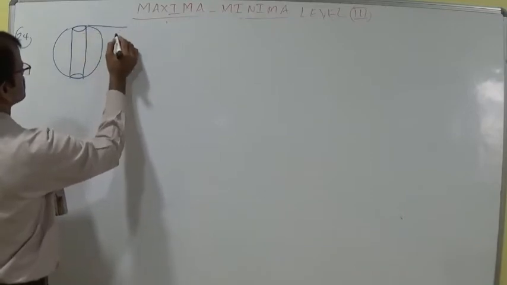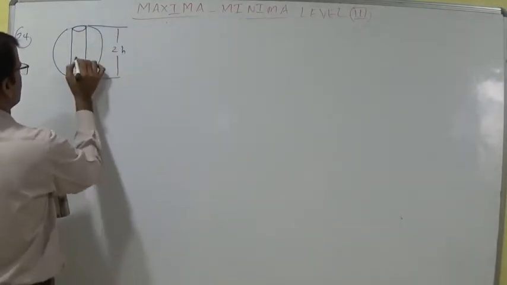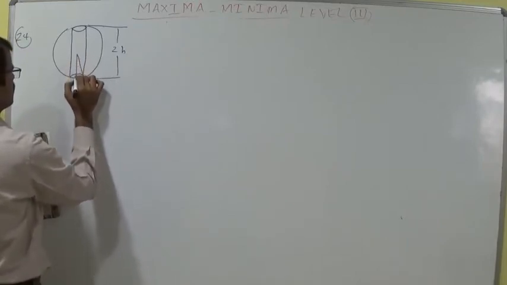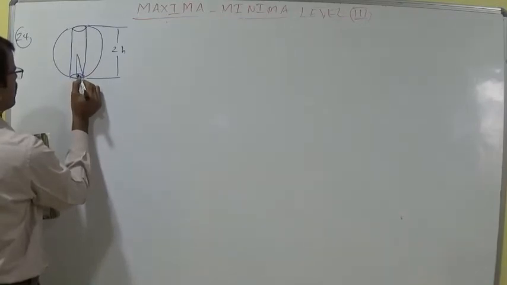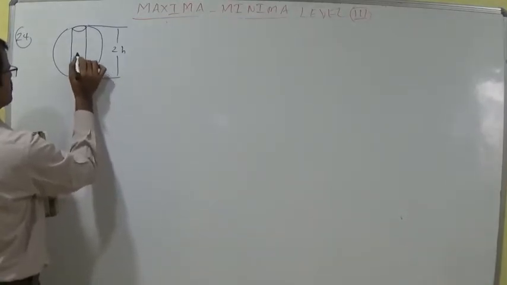The total height, in the previous method I am writing as 2h, because in the middle I used to say that is h. This is the smaller base radius and this is the capital R sphere radius.